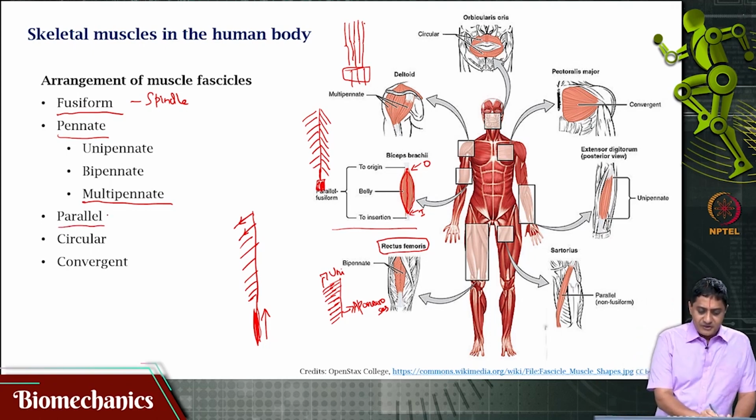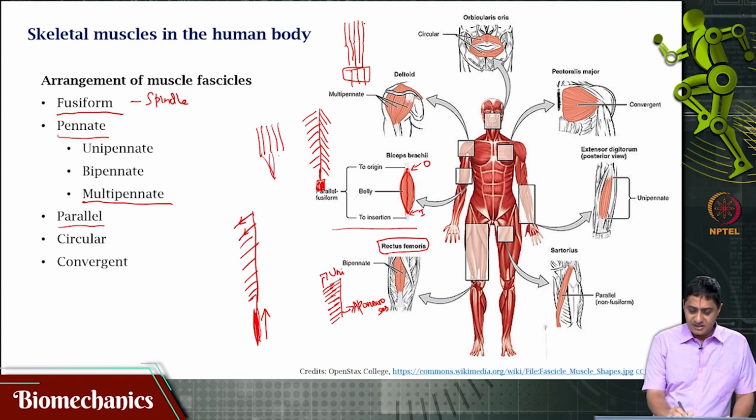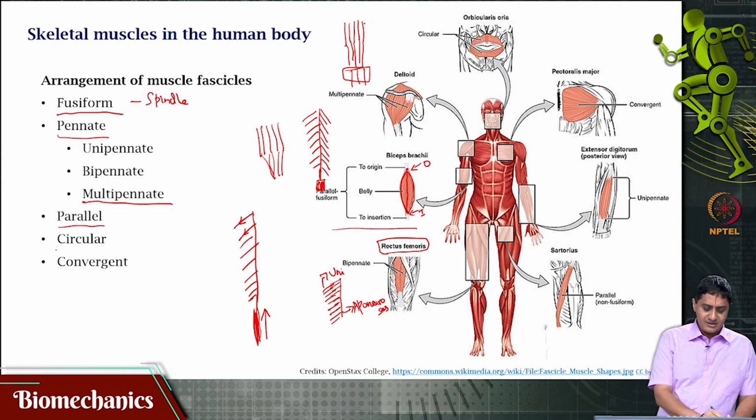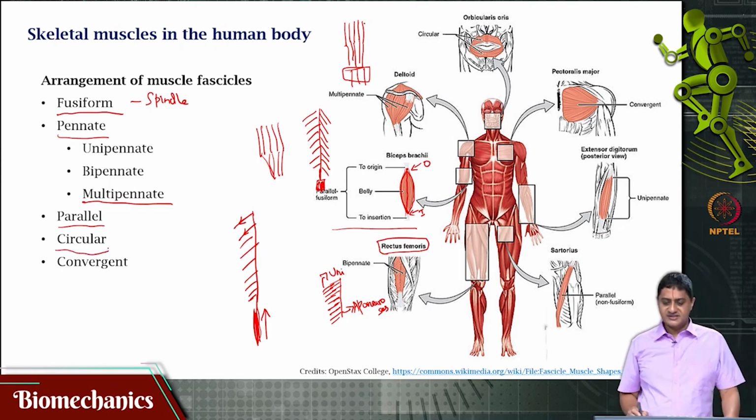Then you have the parallel fibered muscle. I already gave an example. This is the case in which fibers are parallel to each other, and then they transmit the fiber forces to the external tendon or the tendon. In this case, there is only a single tendon. Then there is this unique muscle, which is a circular muscle that does not necessarily attach to the bones.